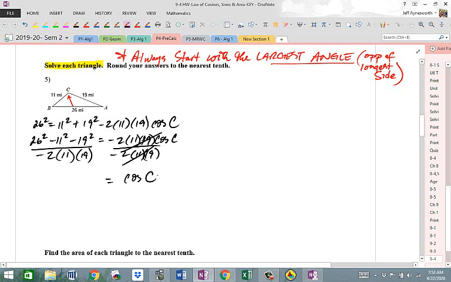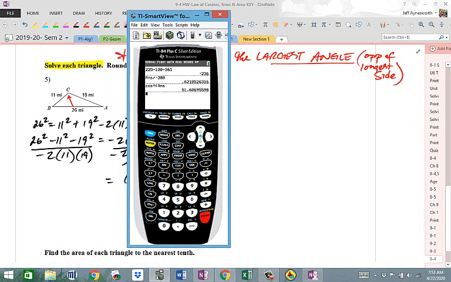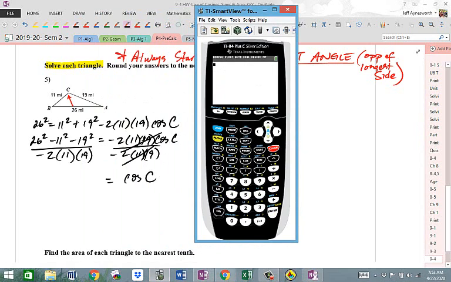So let's type this in over here. I'm going to take 26 squared and subtract 11 squared, subtract 19 squared, and you get an answer. That's the numerator, 194. Then I have to divide it by negative 2.